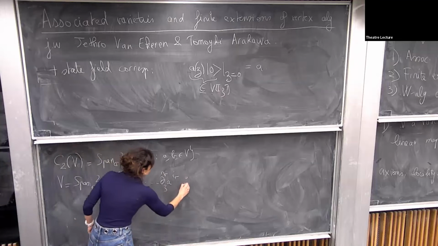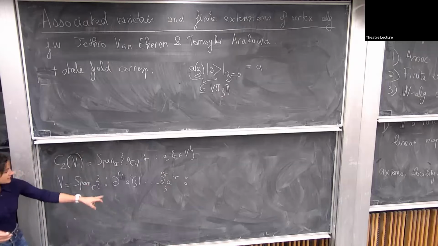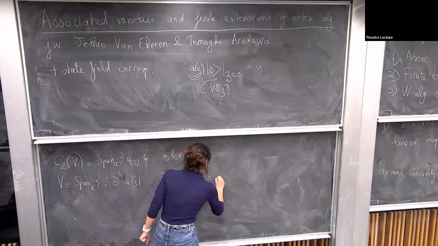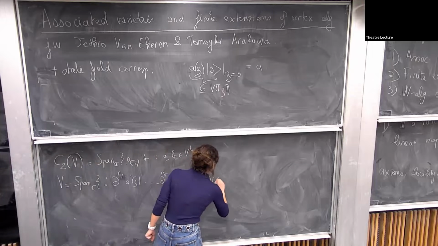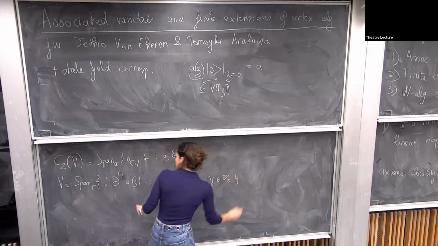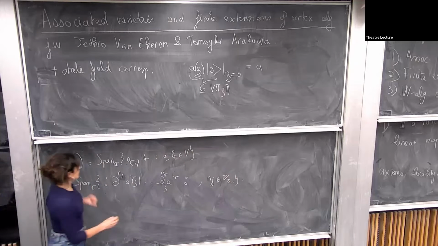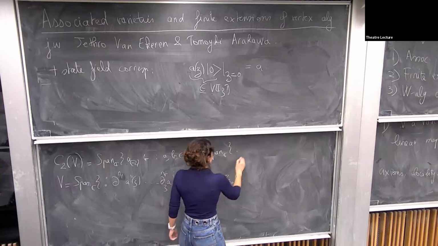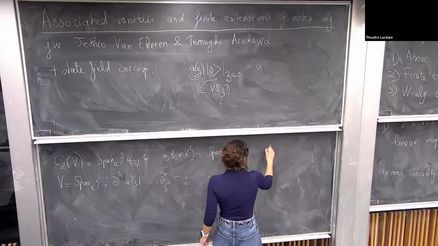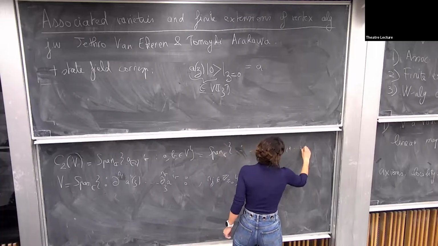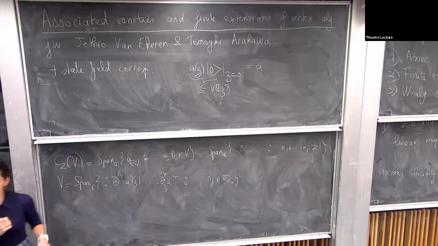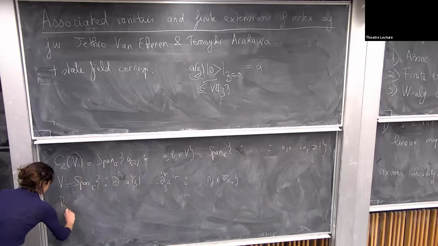Then you take the normally ordered product, just to make this product make sense. Using this description, C_2 V is just the span of such vectors where N_1 plus ... plus N_r is greater than 1, so you kill everything each time you have one derivative. All right, and then we can consider the quotient.